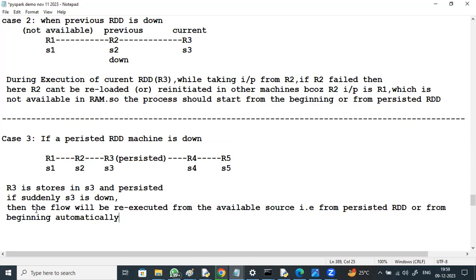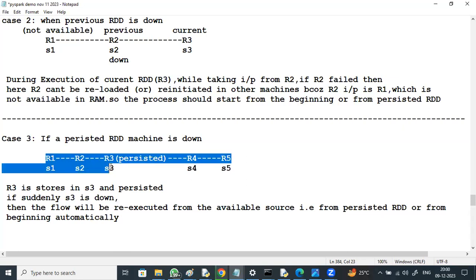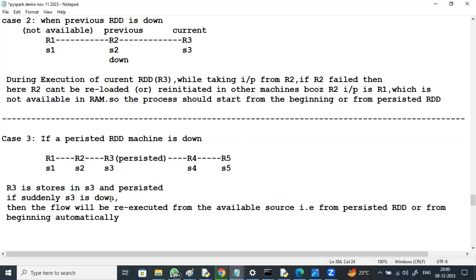So here persisted means R3. This is the flow; R3 got persisted, but suddenly the S3 machine is down. Then it automatically comes from R2 to R3 and is re-persisted automatically. So whether R1, R2 are persisted or unpersisted doesn't matter.